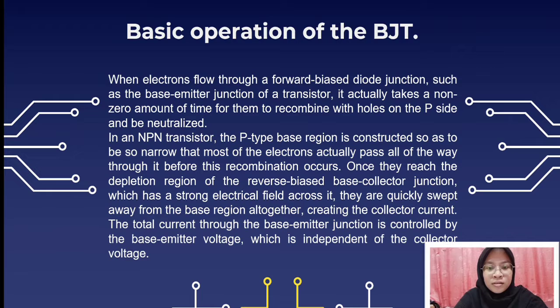Once they reach the depletion region of the reverse bias base collector junction, which has a strong electrical field across it, they are swept away from the base region altogether, creating the collector current. The total current through the base emitter junction is controlled by the base emitter voltage, which is independent of the collector voltage.